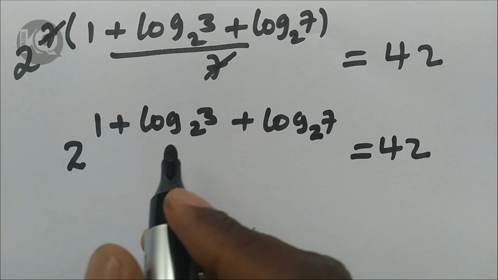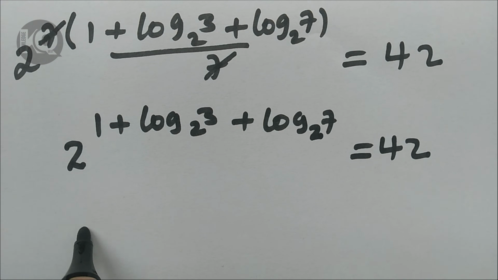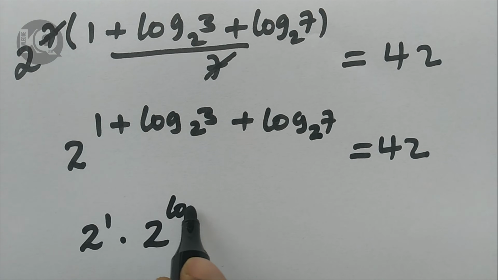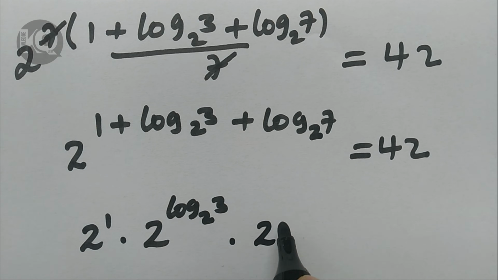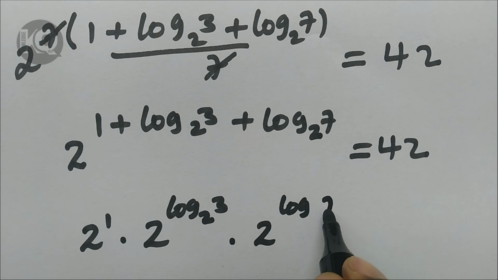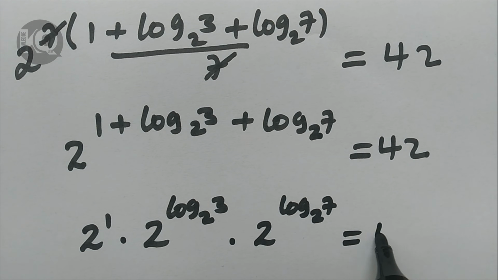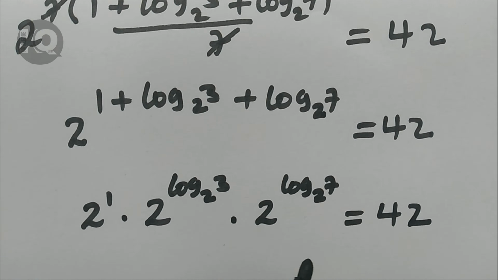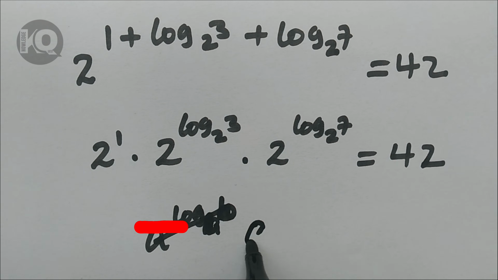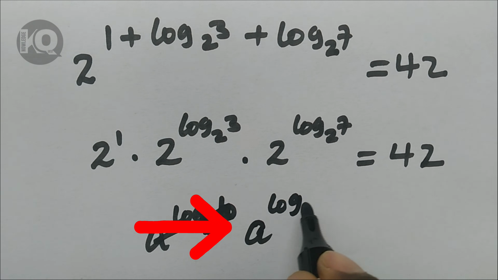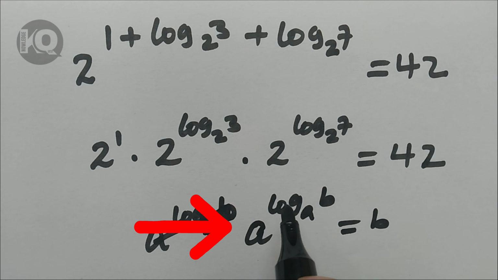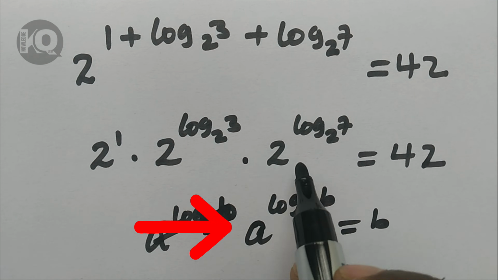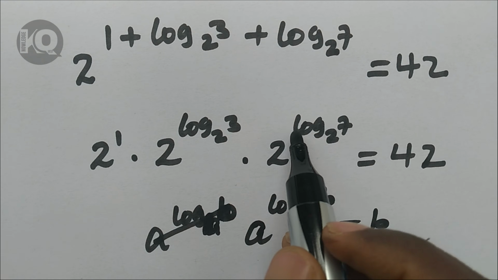So this will be 2^1 times 2^(log of 3 to the base 2) times 2^(log of 7 to the base 2), which is equal to 42. And we know that a to the power of log of b to the base a is always b. So let's apply this to these terms.